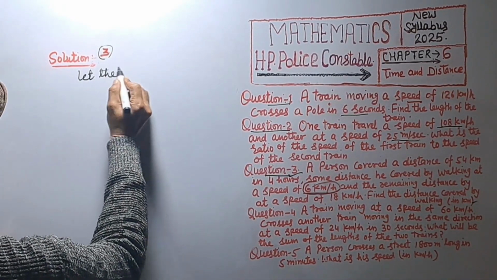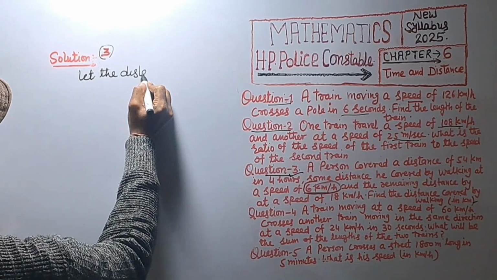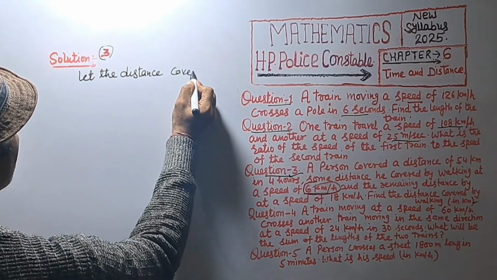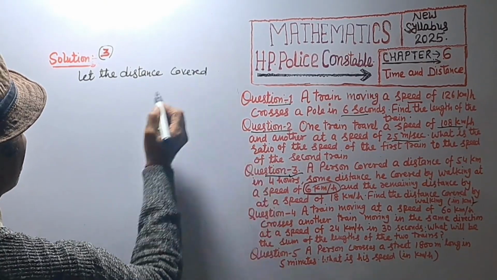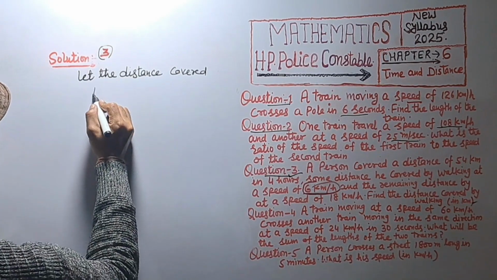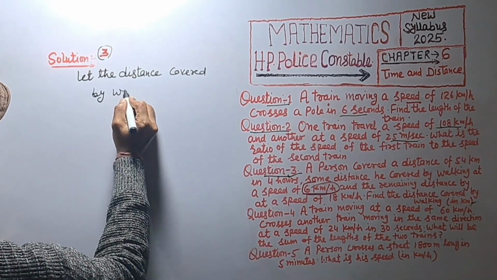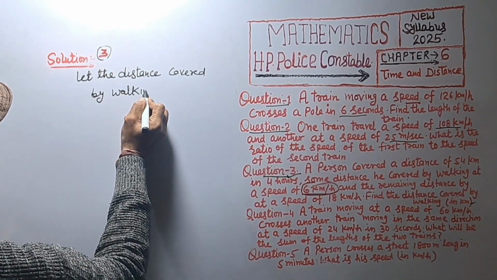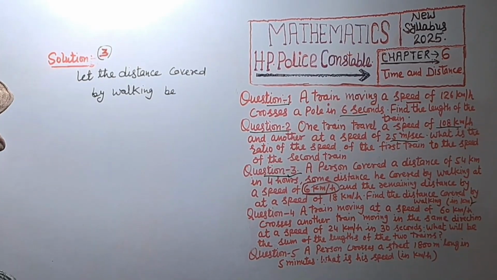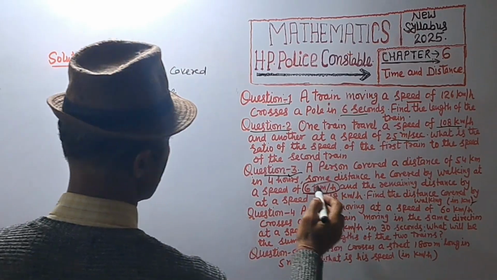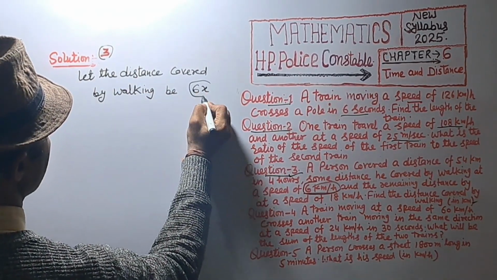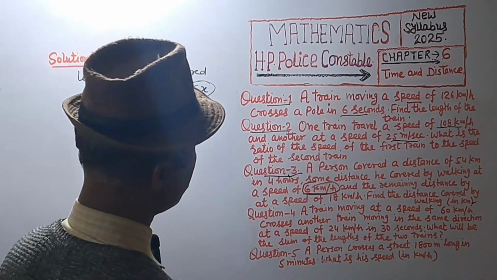Let the distance covered by walking be x. At 6 km per hour, 6 into x, 6x.